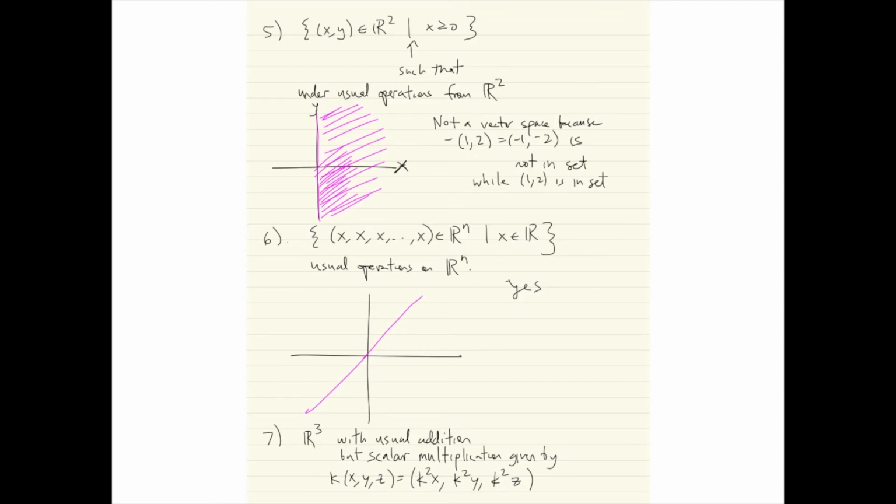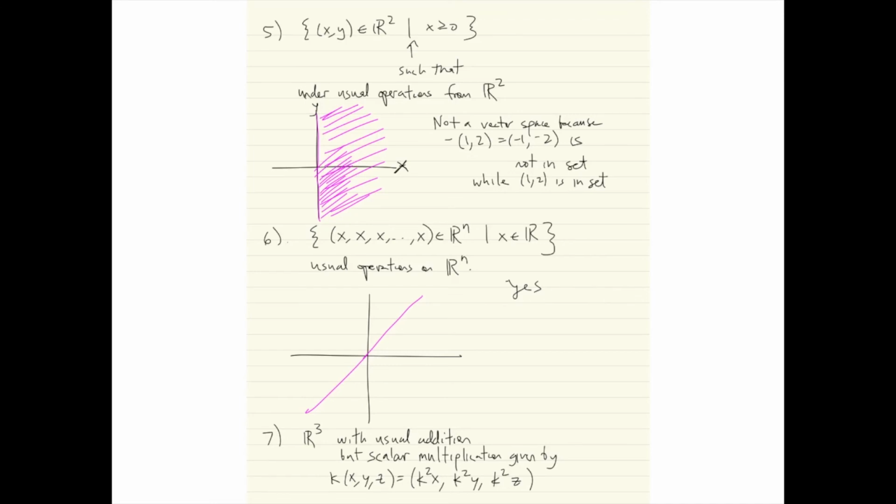The addition of two vectors is given by adding component-wise, and scalar multiplication is by multiplying each component. Okay, so that's the operations on the set, and then if you graph it, it's the set of these points in magenta here, and this is not a vector space.